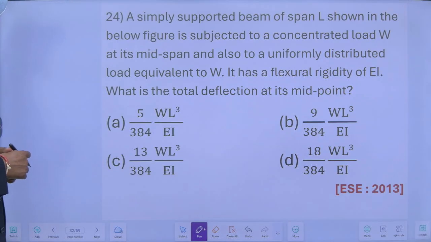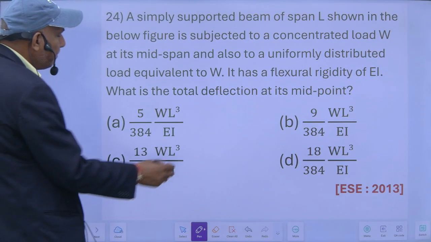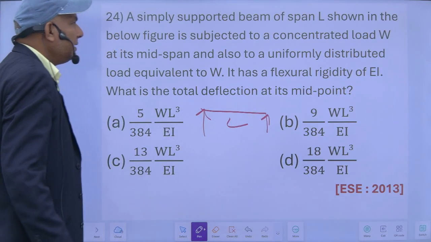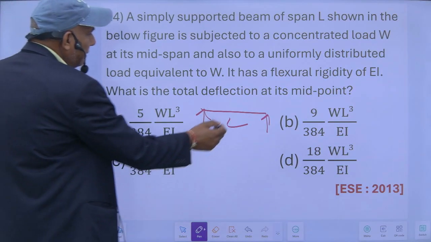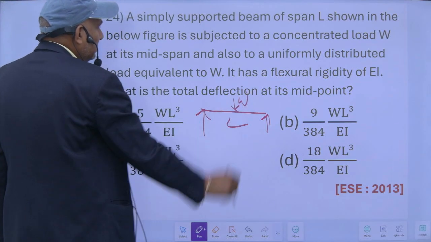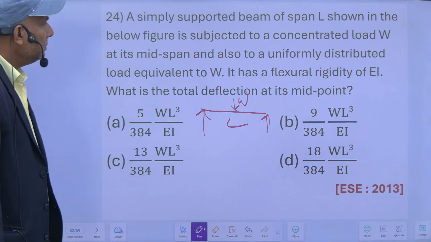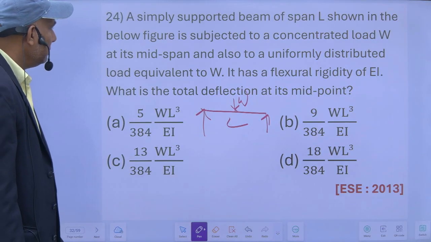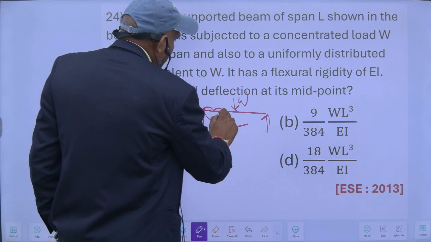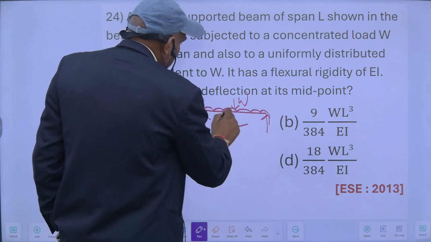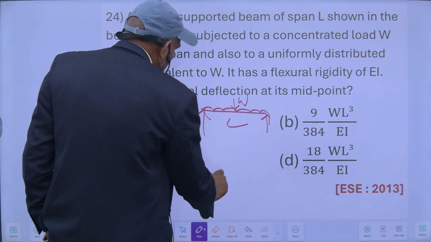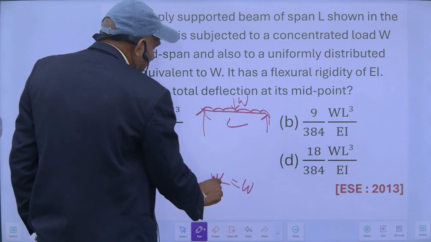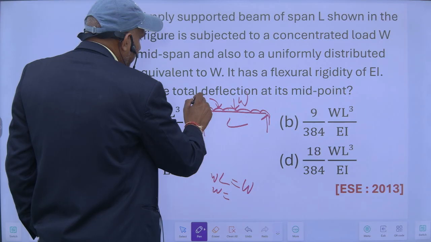A simply supported beam of span L is subjected to a concentrated load W at the midspan and also to a UDL load equivalent to W. This is UDL, and this total intensity of this W into L is equal to this W. Means this intensity is equal to W upon L per unit run.